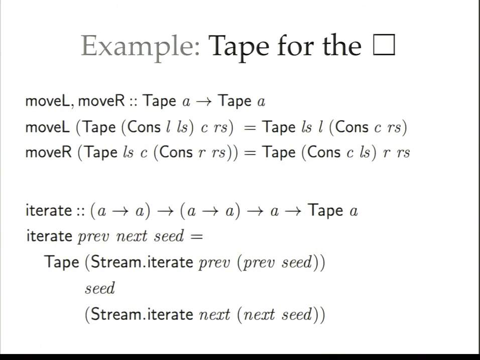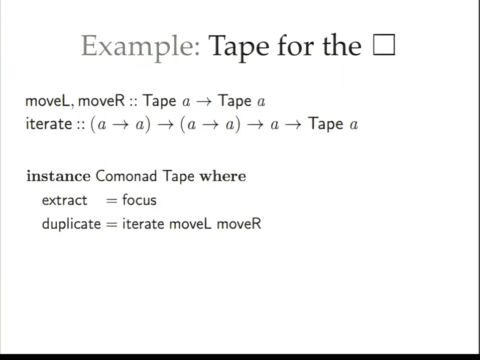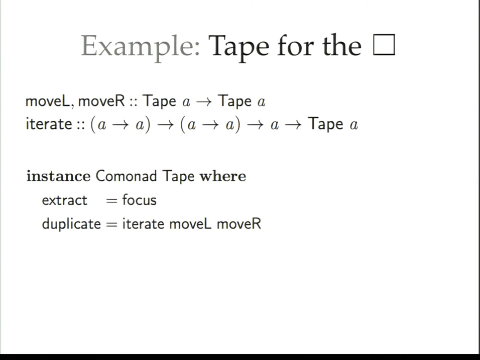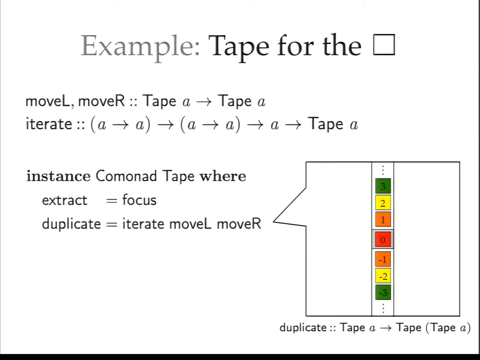And adding a little iteration function to build such tapes, we can derive a comonad instance for it, where extract just means that we take out the single element at the focus point, and duplicate means that we iterate these movement functions. So if you look at the type for duplicate specialized to tapes, it means that we've got to take a tape of A's and turn it into a tape of tapes of A's.